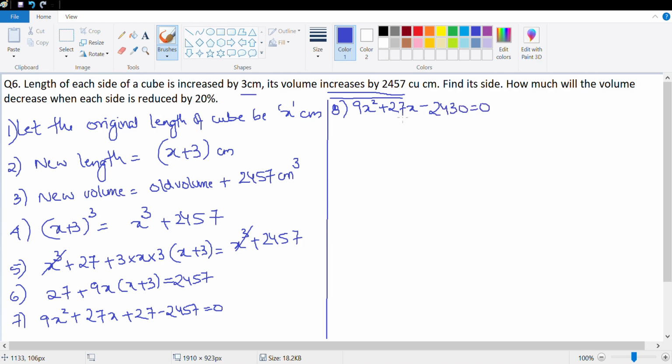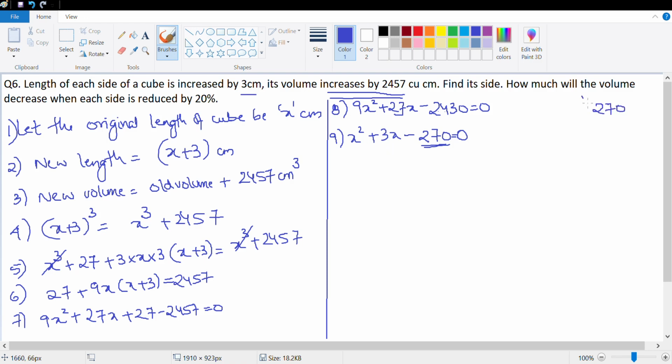I notice this is 9, this is also 9, and 2430 is divisible by 9, which means dividing both sides by 9, I get x square plus 3x minus 270 is equal to 0. I need to find factors of 270, the difference of which will be 3.